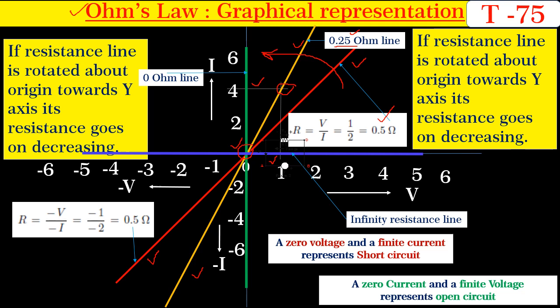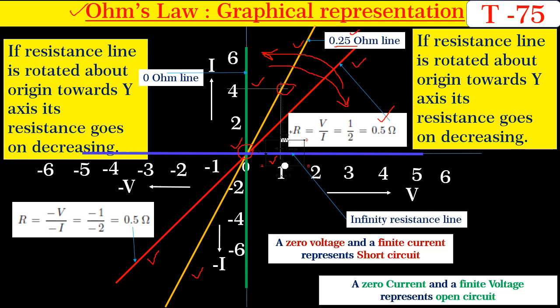In this particular case, the resistance has decreased from 0.5 ohm to 0.25 ohm. Similarly, if the line is rotated about the origin towards the x-axis, its value goes on increasing.